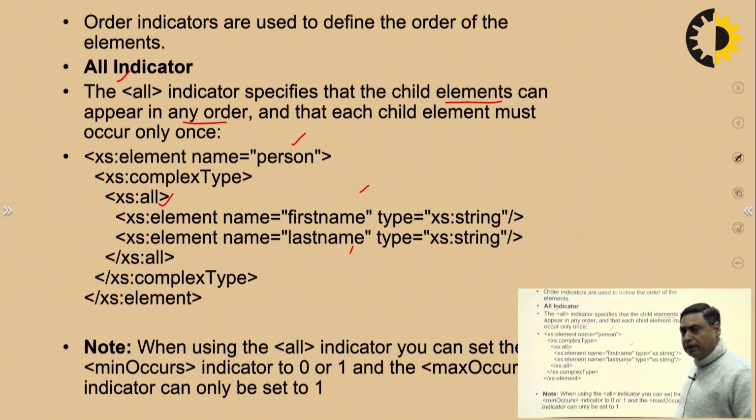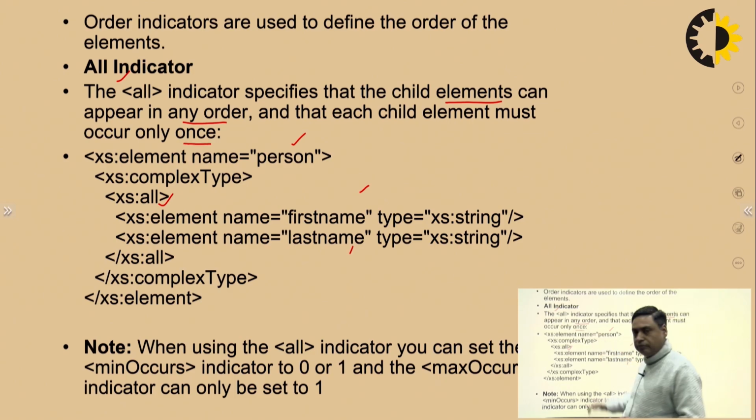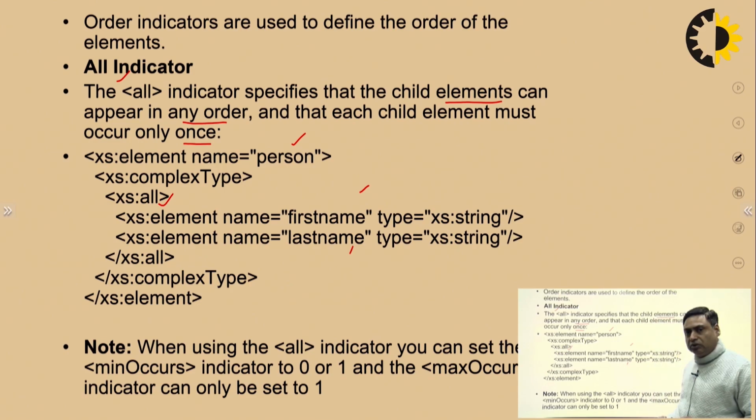Now, important is how many times an element will occur. It will occur only one time. So, in the person, you can write only one time first name, one time last name. More than one is not applicable, as this XML schema suggests.